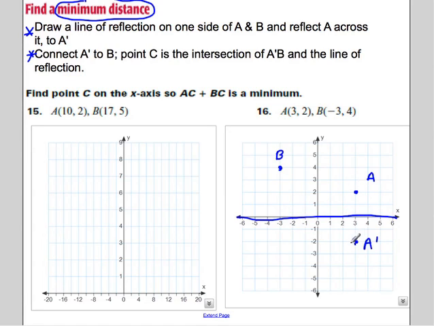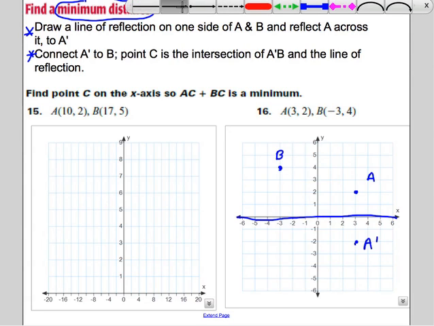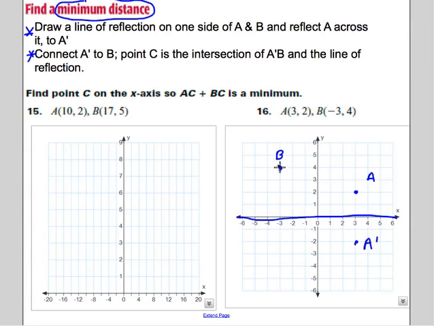So once we've reflected this over, we'll quickly draw a line. Let me see if I can draw a line using some of these line tools. We'll draw this line from B to A prime, just like so.